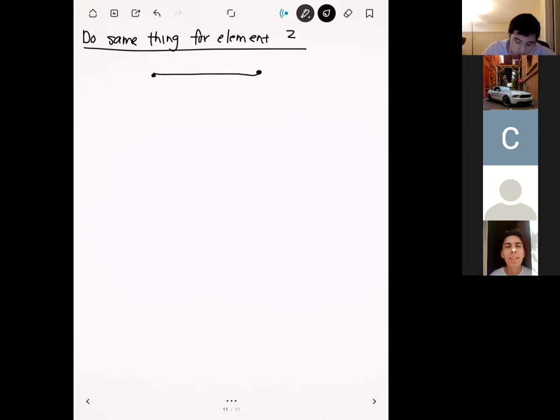Element 2 looks like this. The left coordinate here is 5, and the right coordinate here is 20. I know element 2 works on nodes 2 and 3, but just for the sake of notation, I'm going to call them x1 and x2. So x1 in these systems refers to the left node, and x2 refers to the right node. Okay.